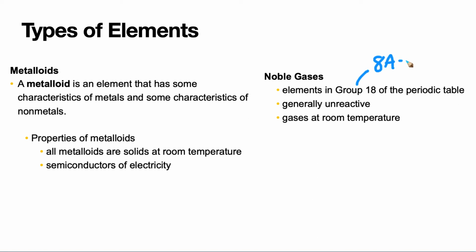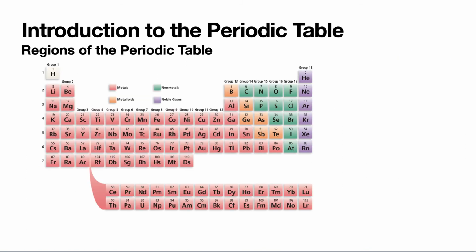And then in Roman numerals, that'll be VIIIA. Noble gases: they're generally unreactive, and they're gases at room temperature. So, looking at this periodic table, we see our metalloids are in orange and our noble gases are in purple.